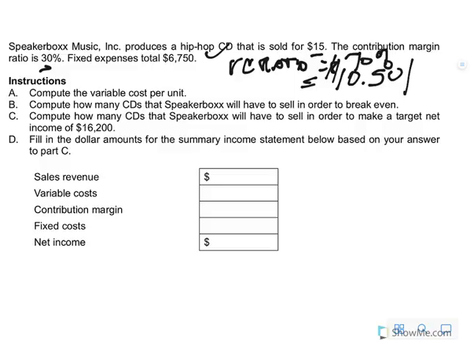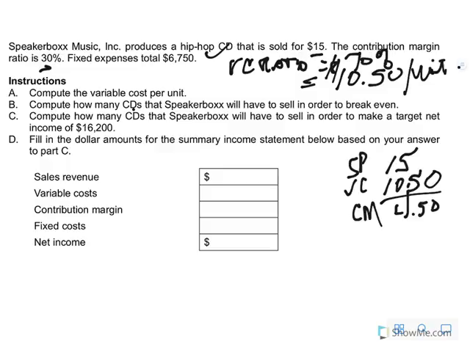$10.50. Per unit, you must realize that the contribution margin ratio is a percentage the contribution margin is of selling price. Therefore, the variable cost ratio is the complement. If the contribution margin is 30, the variable cost is 70. How many CDs do they have to sell in order to break even? Now, these are in units, so we have to come up with a contribution margin per unit.